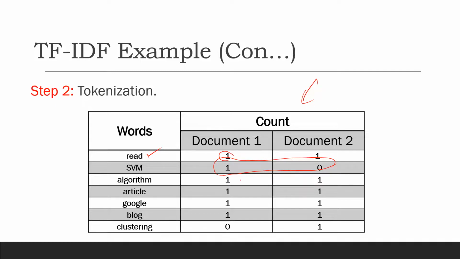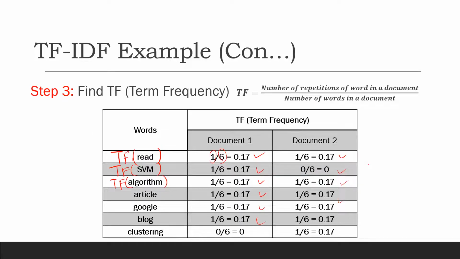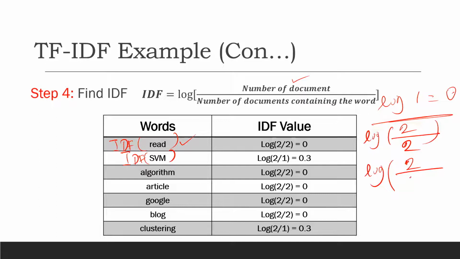So the number of documents which contain the word SVM is 1. So now I am dividing by 1, not 2. That is the number of documents containing the word SVM. Likewise for algorithm. So log 2, you can find the value by using a scientific calculator, it's 0.3.